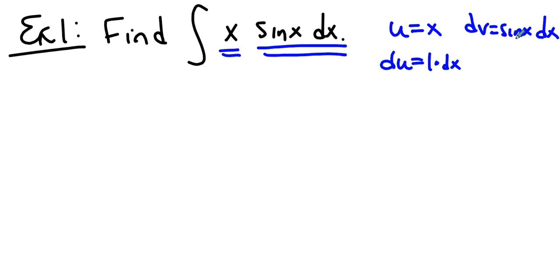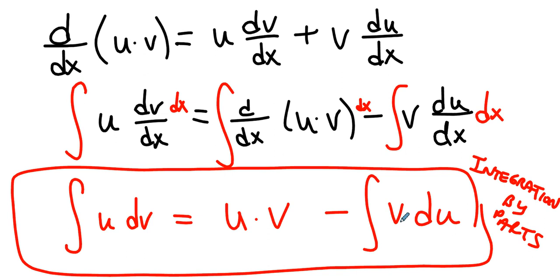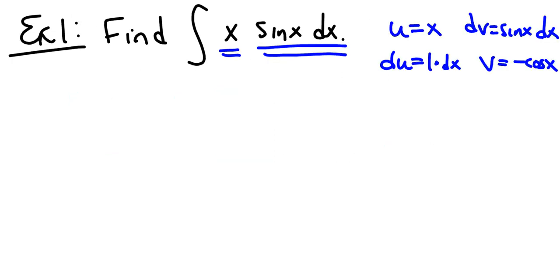If dv is sine x dx, what v got us there? Well, minus cosine x got us there. Technically speaking, plus a constant, but that constant gets added and subtracted, so it drops out. We can use any constant that we like. We will choose to use 0.